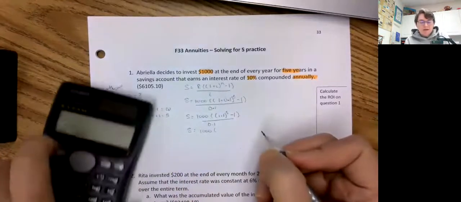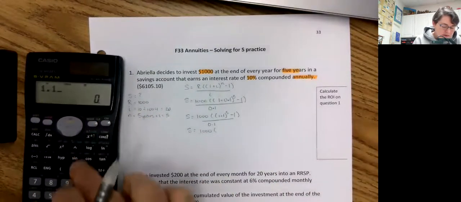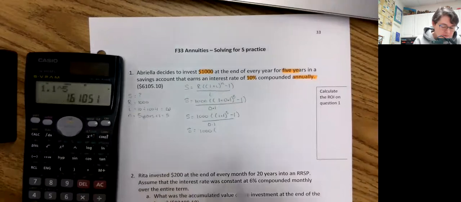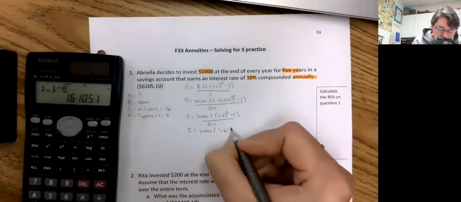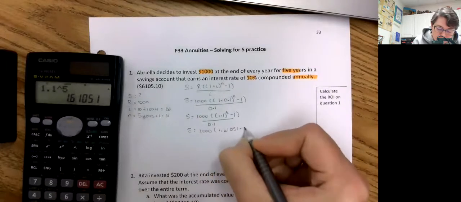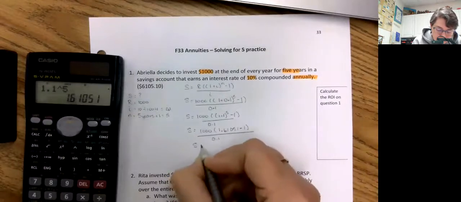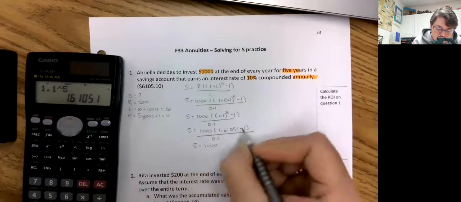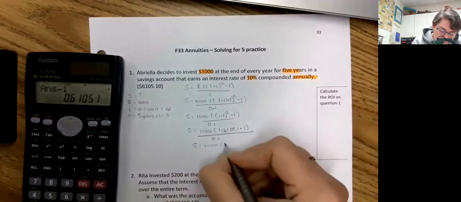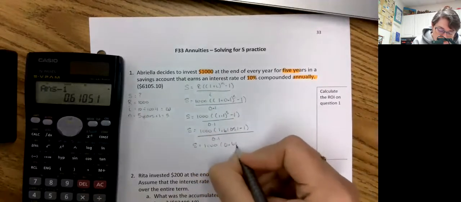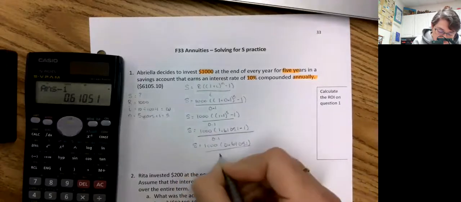All right, here's the calculator. 1.1 to the 5th power is 1.61051, minus 1 is 0.61051, over 0.1.